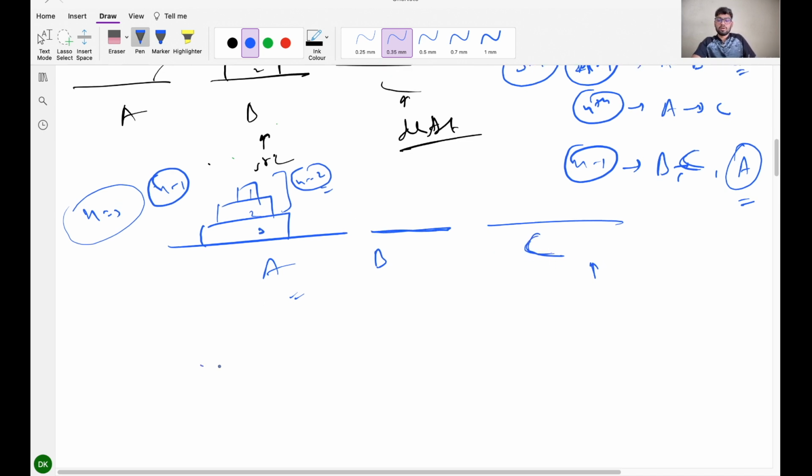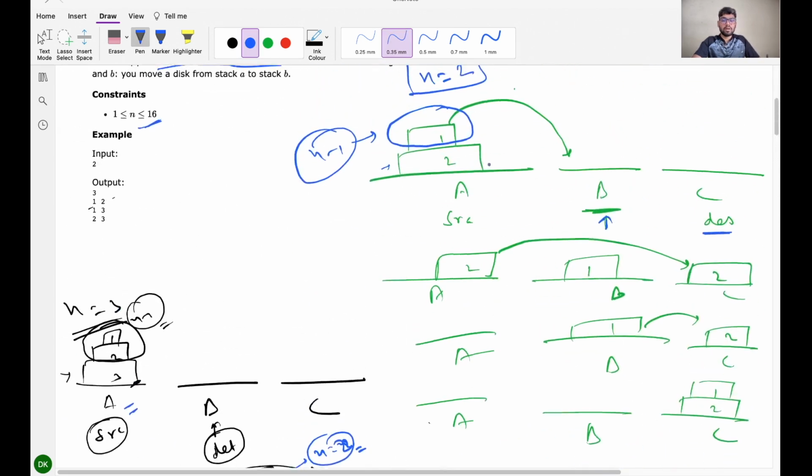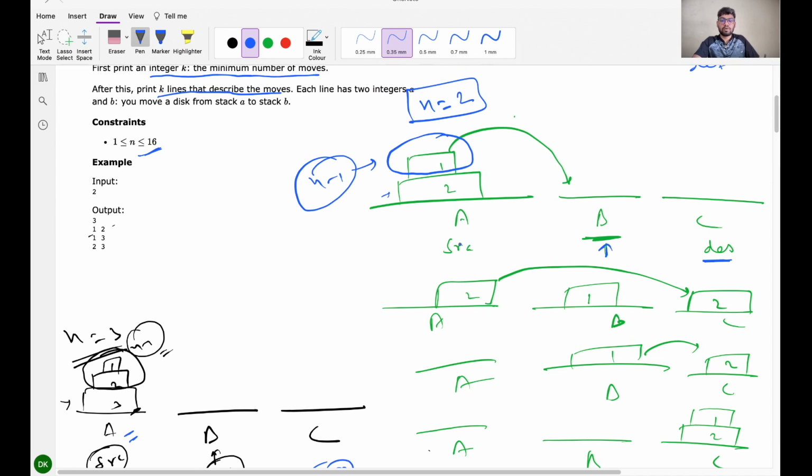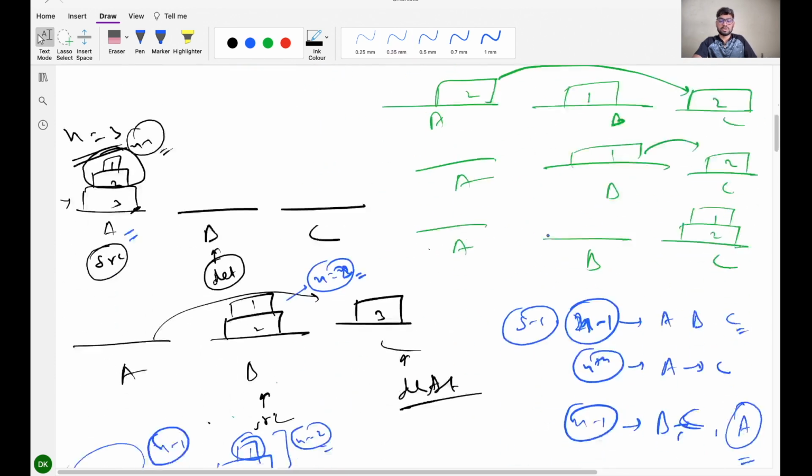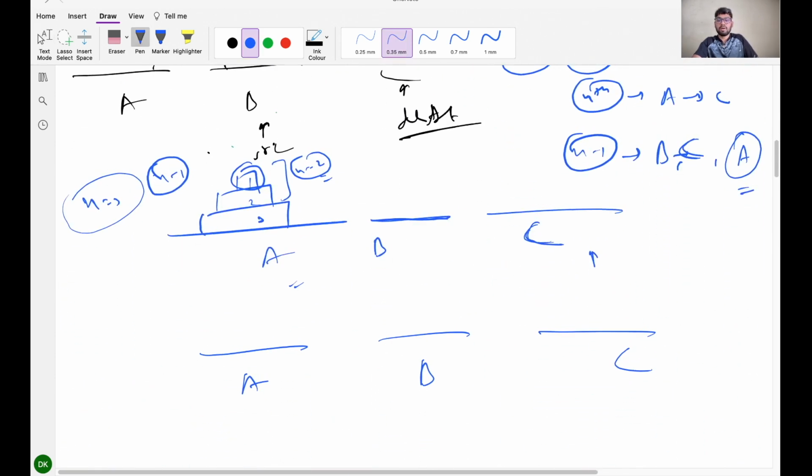So what we can do is initially place disk 1 from A to C. For this case of n equal to 2, C would be my destination and B would be my auxiliary. So first of all we place the first disk onto the auxiliary, then my second disk onto the destination.